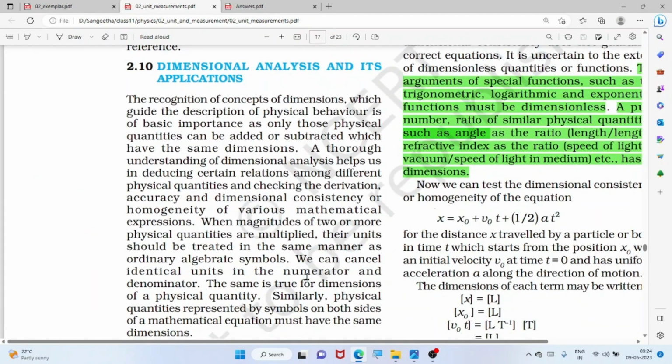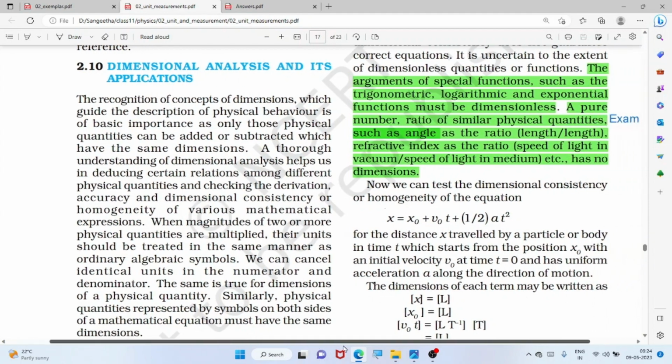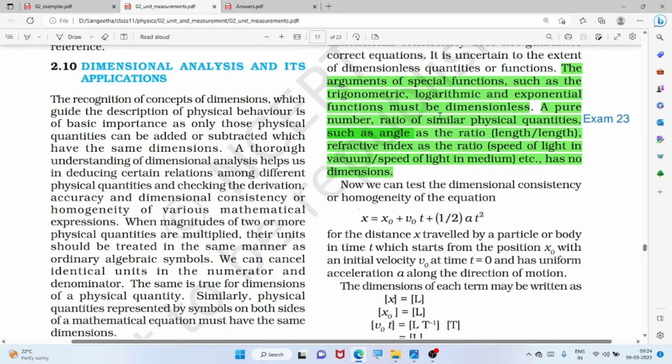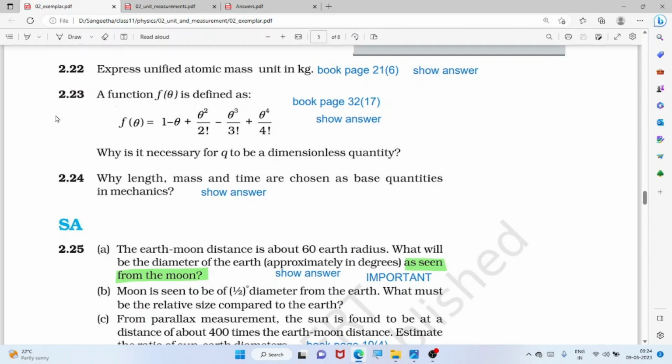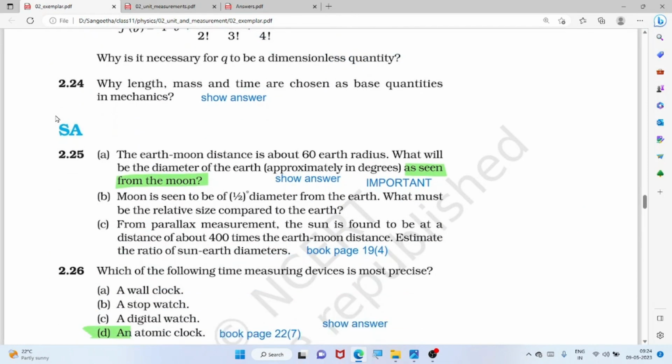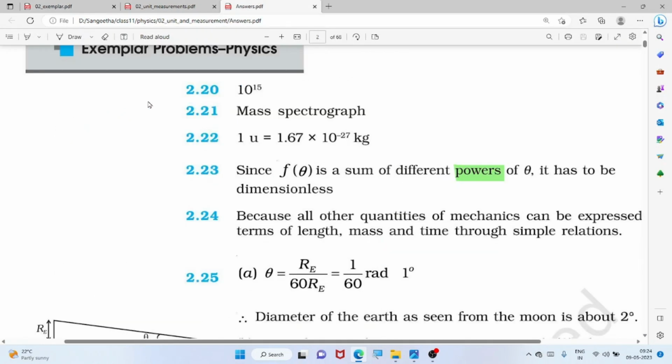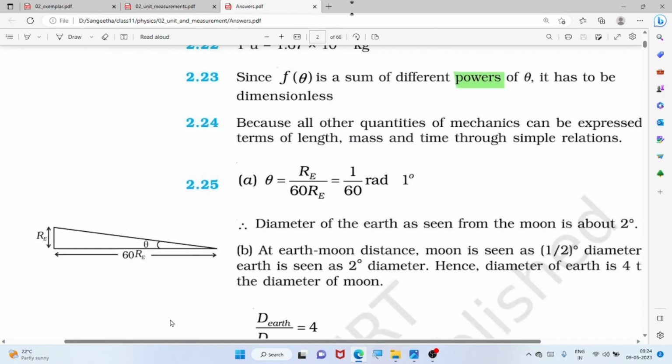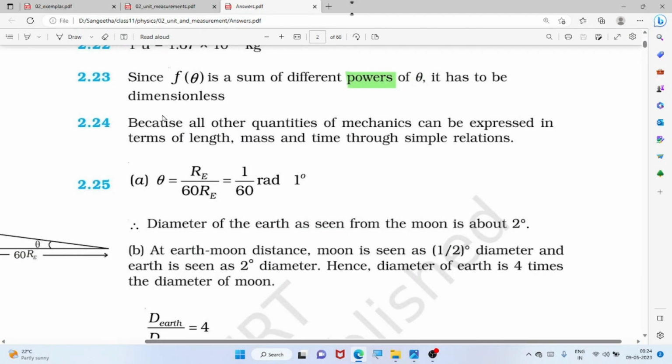So these are the dimensionless quantities: powers, trigonometric functions, these things. Why are length, mass, time chosen as the base quantities in mechanics? Because all the other quantities can be expressed in terms of length, mass, time through simple relations.